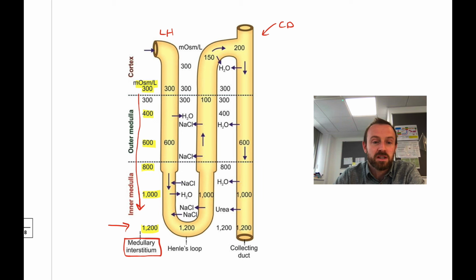With more saltiness there, we have a very low water potential, and that means that water flows out of the collecting duct. With a longer loop of Henle, we can build up a greater concentration of salt in the space in the medulla, and that means we can have more water flowing out, a bigger water potential gradient.